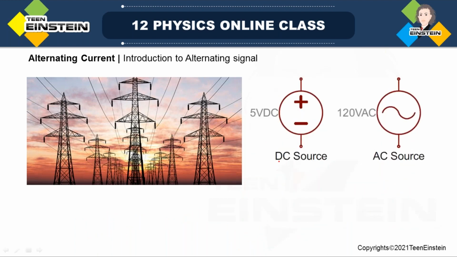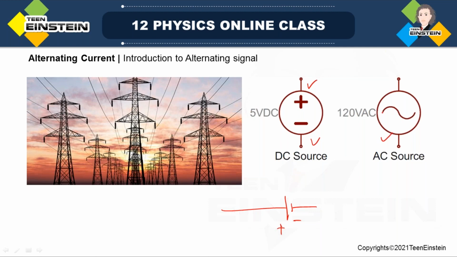So with this brief introduction, look, we have so far learned DC sources, and we generally denote them with positive and negative terminals like this. But now AC sources will be denoted by this.